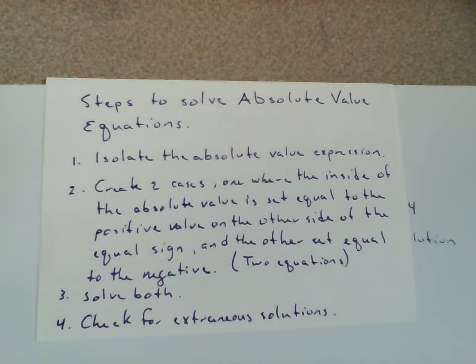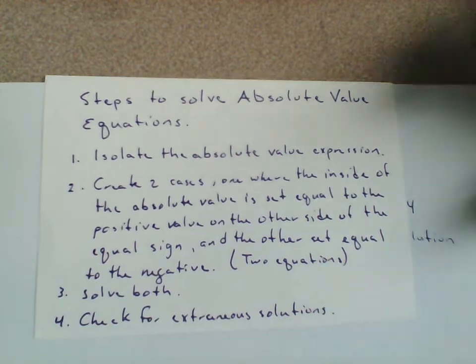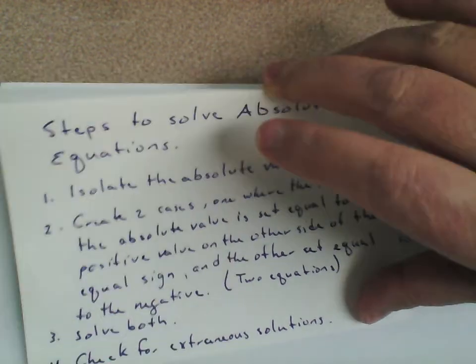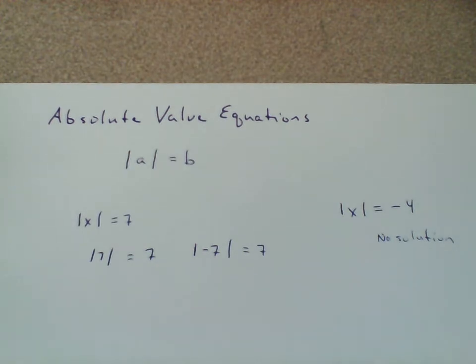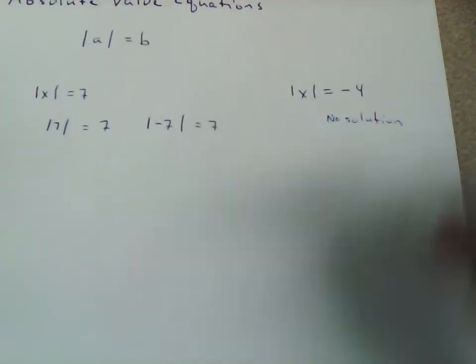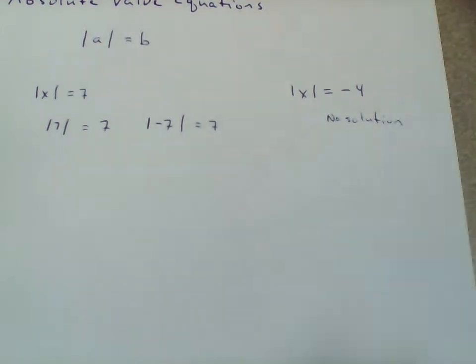Extraneous solutions are solutions that aren't going to work in the original equation. If you plug it in, it's not going to be true. Those are the steps you want to follow when you're doing this. But for the rest of this, we're just going to do sample problems so that you can see how they solve.